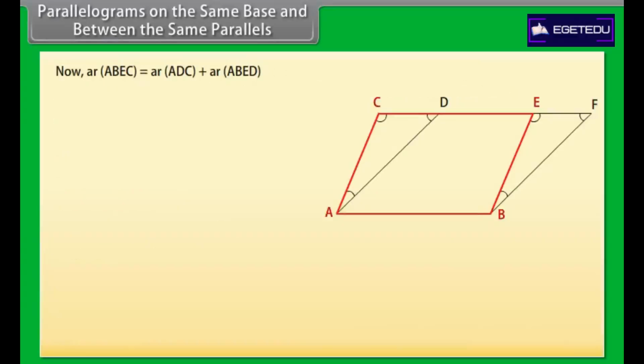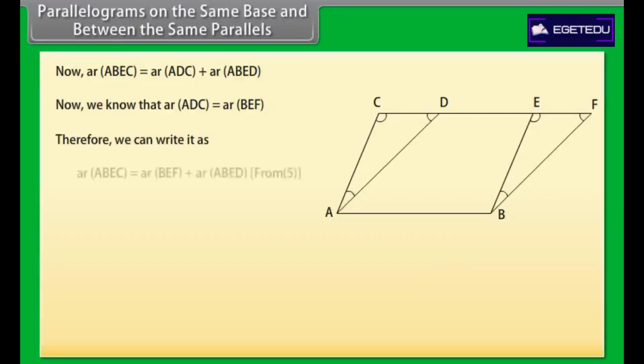using 1, 3 and 4. Therefore, area of ADC is equal to area of BEF because congruent figures have equal areas. Mark it as 5. Now, area of ABEC is equal to area ADC plus area ABED.